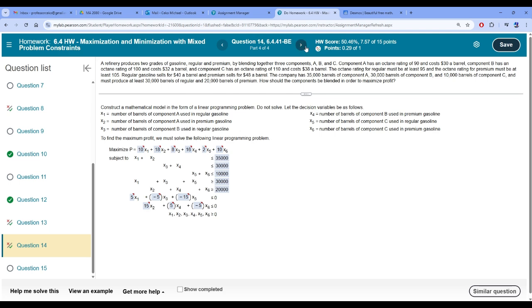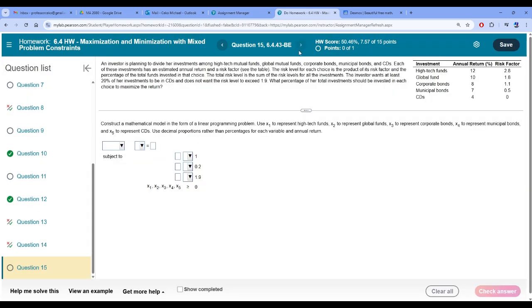All right, I want one more. Investors planning to divide their investments among high tech and so on. Construct a mathematical model in the form of linear programming. Use x1. The investor wants at least 20% of her investment to be in CDs and does not want the risk level to exceed 1.9.